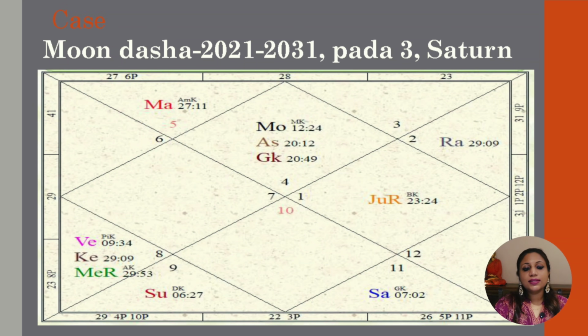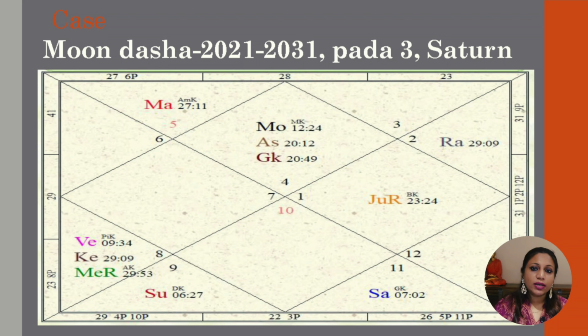Now let's see this chart. In this case also we will discuss Moon's time period. Moon is placed in the third pad of Saturn's nakshatra, that's Pushya. Moon's dasha started in 2020 and will go on till 2030. When we calculate the third pad time frame, that will be roughly from 2026 to 2028. What can we expect from Saturn?